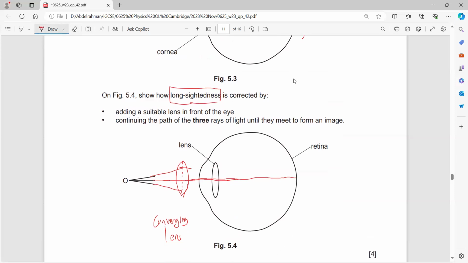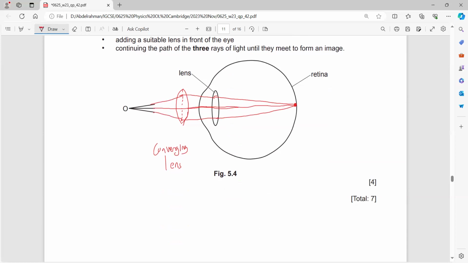Okay, when it reaches the lens, what happens? It will bend all the way until it meets at the retina. This will bend a little. When it reaches the lens, what happens? It bends again until they meet at the retina. Okay, that's it.